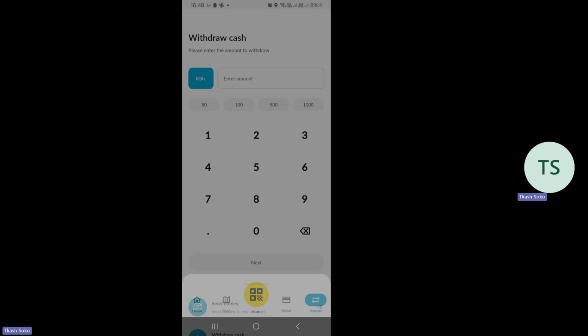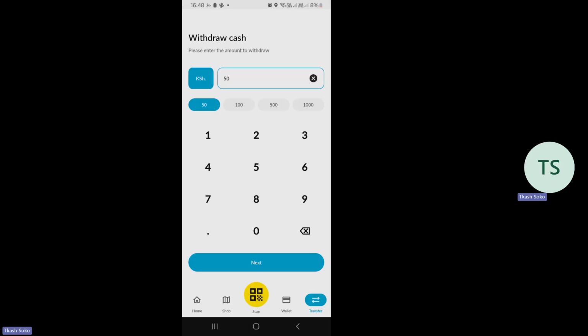Nikiguza withdraw cash, lazima nijue the amount I want to withdraw. So for example, say I want to withdraw something like 50 shillings. Of course, you can't withdraw more money than you have. Lazima pesa yenye una withdraw ikuwe ni kidogo kiasi kushinda yenye uko nayo. Let me also point out something here.